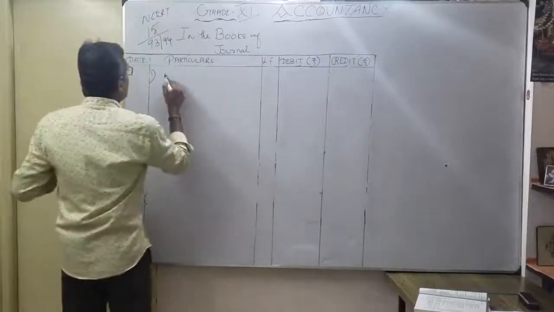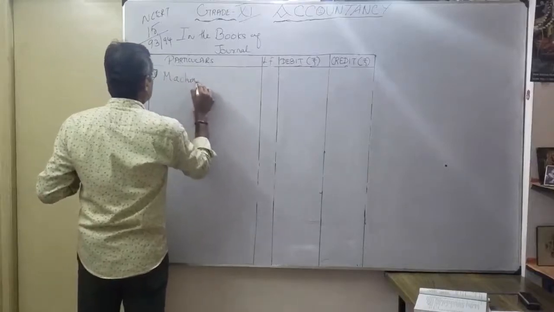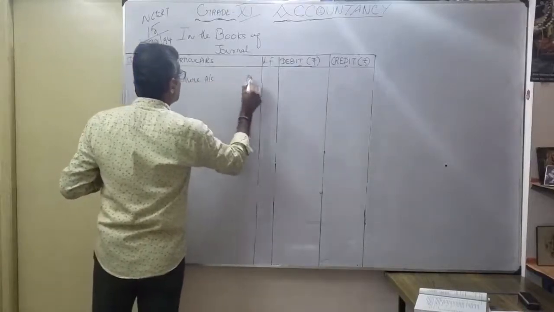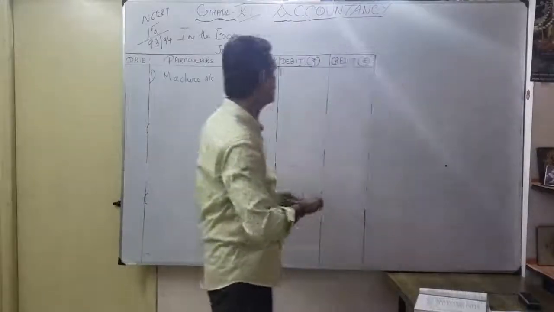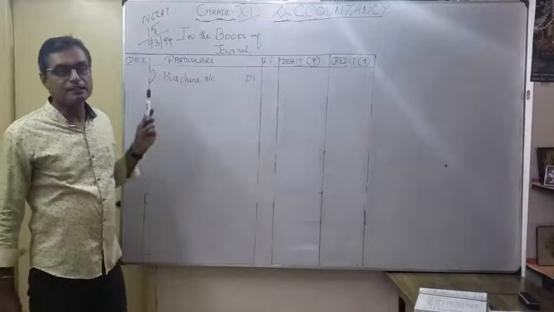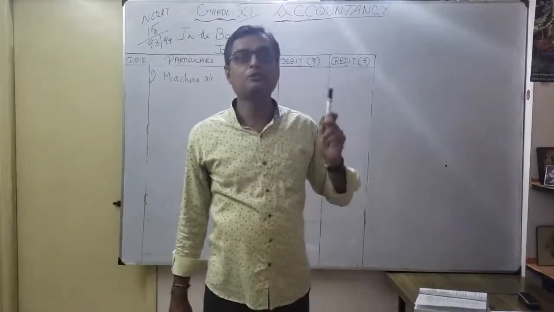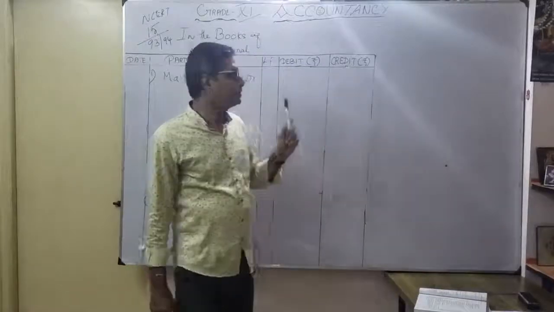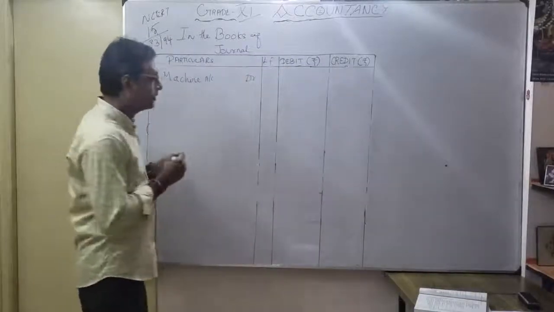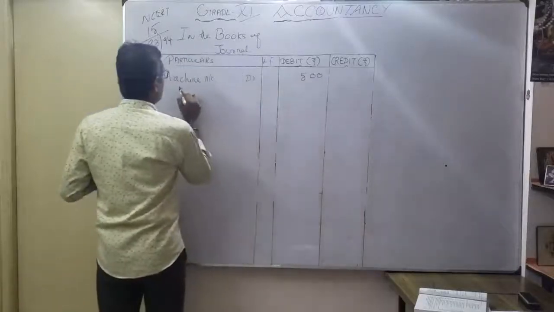In our machine account, you can write directly machine account debit. Why am I debiting machine account? Here it is coming under real account. Why is it a real account? It is related to an asset. So what is the real account rule? Debit what comes in. That's why debited. How much? 500.